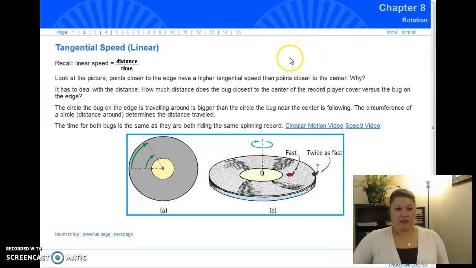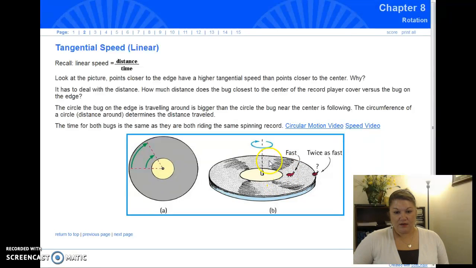Linear speed, as we know, is distance over time. Look at these pictures and figure out which one of these bugs is going faster. To do that, we have to think about how much distance they are covering.